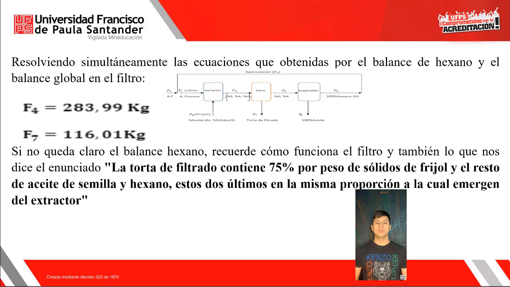Remember well how the filter works and also what the statement tells us. The filter cake contains 75% by weight of bean solids and the rest is oil and hexane, the latter two in the same proportion as they emerge from the extractor.